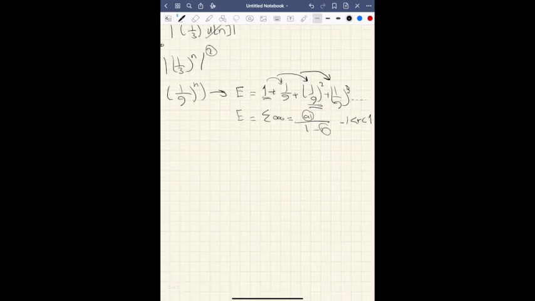And yeah, we can go on and simplify this to get the result of 1 over 1 minus 1/9, and this will equal at the end, I'm sorry, 9 over 8 joules.